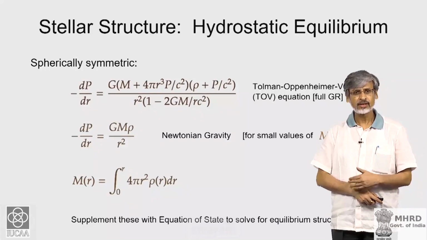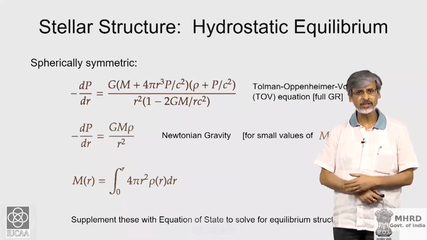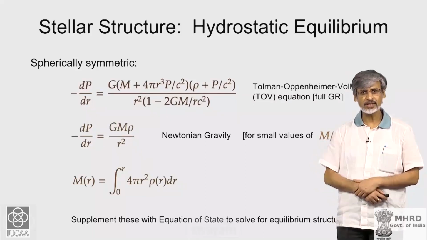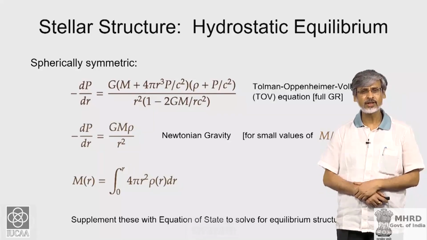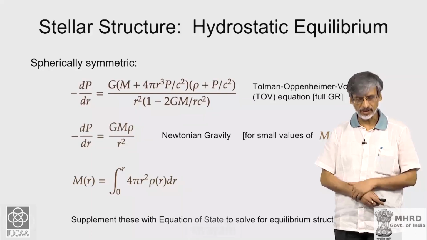So, this equation, which is the equation relating pressure and density, is called an equation of state, and we supplement these equations with an equation of state to obtain the stellar structure.